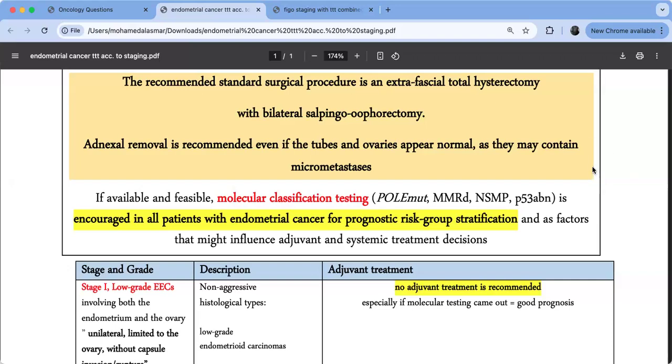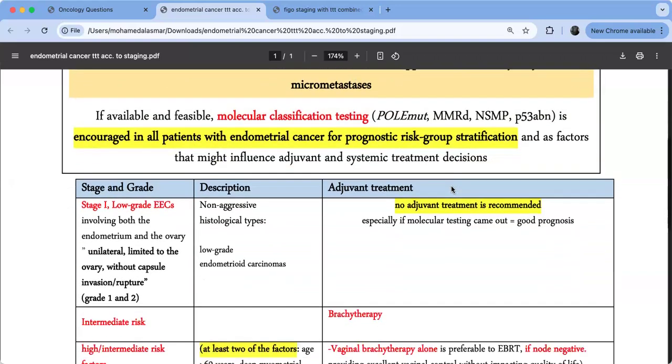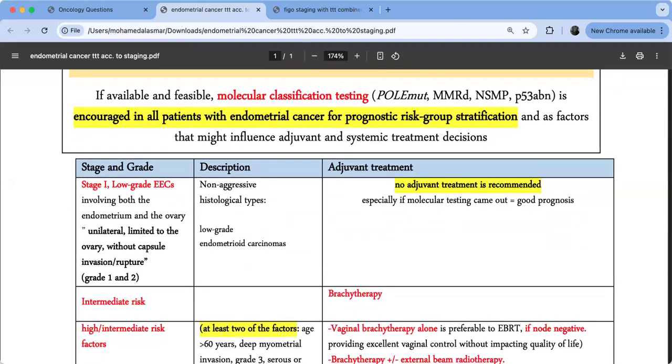If available and feasible, molecular classification testing is encouraged, and this is for the genes: POLE mutation, MMR (mismatch repair deficiency), non-specific molecular profiling, or P53 abnormality. Those are four tests, panel testing. This will be encouraged in all patients with endometrial cancer for prognostic risk group stratification.